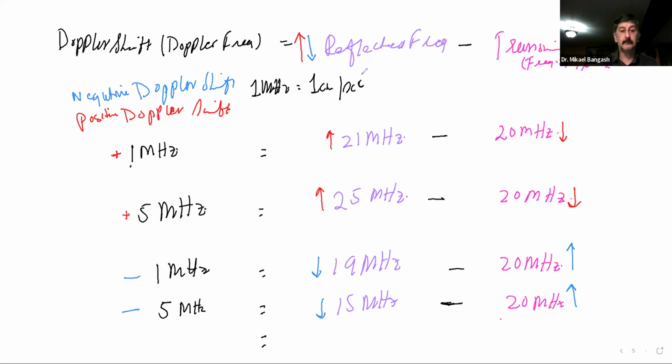Did that make sense? So what the system may tell you here is that the blood moves at a speed of 1 centimeter per second. Here it will tell you that the blood moves at a speed of 5 centimeters per second, because here the difference was 5 megahertz.